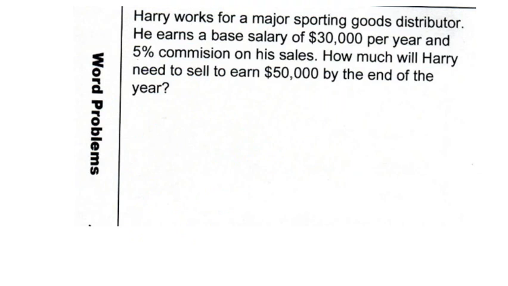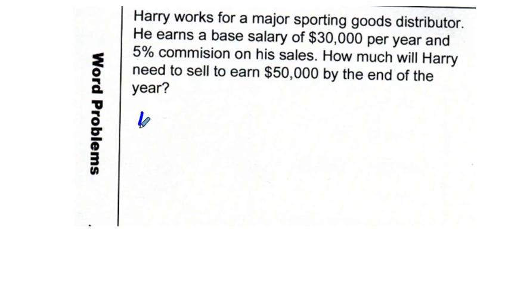Next. Word problems. Harry works for a major sporting goods distributor. He earns a base salary of $30,000 per year and a 5% commission on his sales. How much will Harry need to sell to earn $50,000 by the end of the year? Harry's earnings, I'm going to make a variable for that.